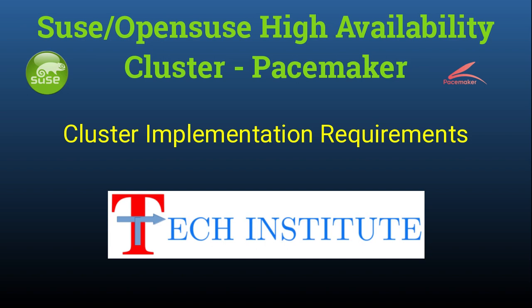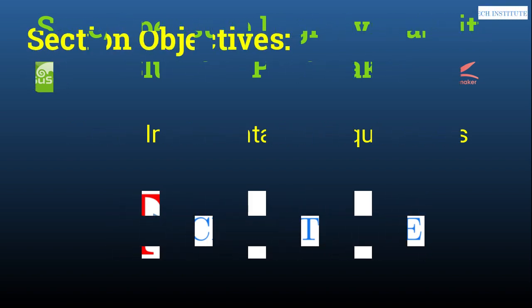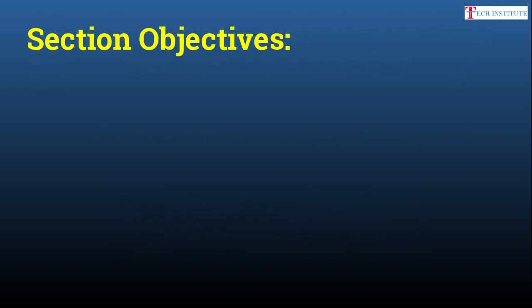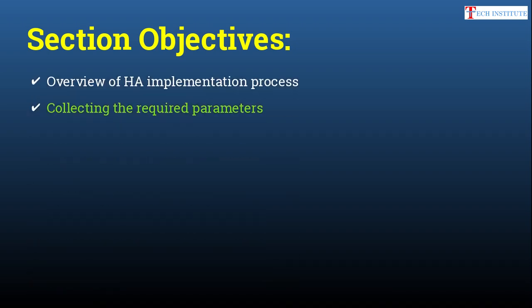So in this episode we will be discussing mainly part 2, that is collecting the required parameters, whereas the overview of the implementation process is already covered in our previous video. If you have not watched that yet, please go and watch it and then watch this part 2.